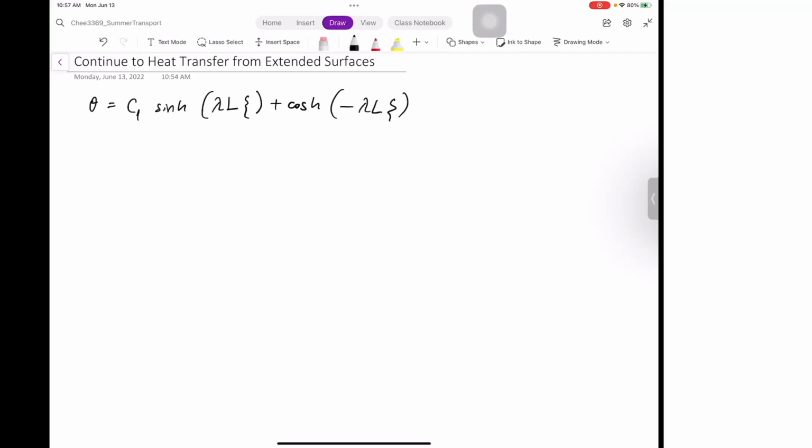Okay. And okay, so I need to come up with boundary conditions. So what do I know? I know the first boundary condition, like here. If you think about this as the fin, right?